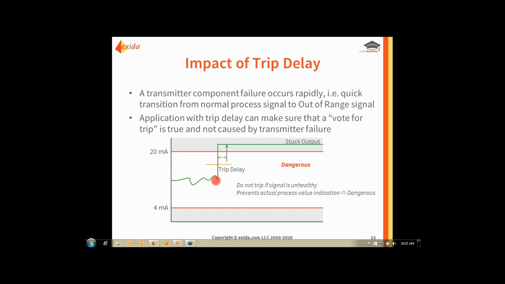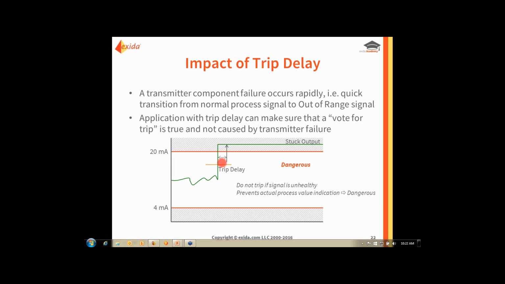As you can see, the transitions are typically very rapid when there's an internal component failure in a transmitter. That output will jump from a normal operating range to outer range very quickly. So even a 1 second trip delay will be able to flag a transmitter signal as unhealthy instead of just in the greater than the trip point range up here.